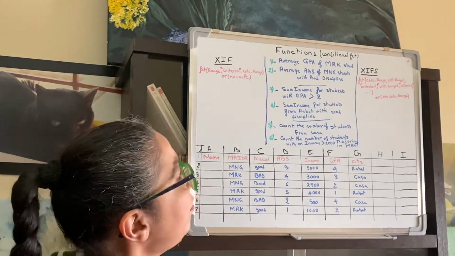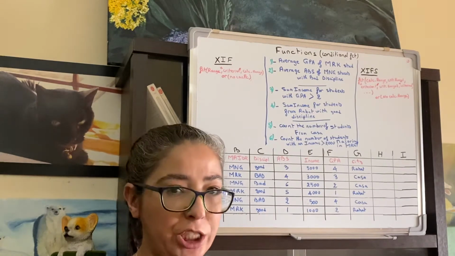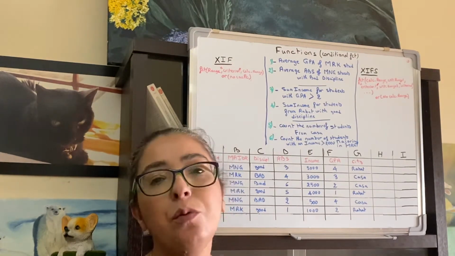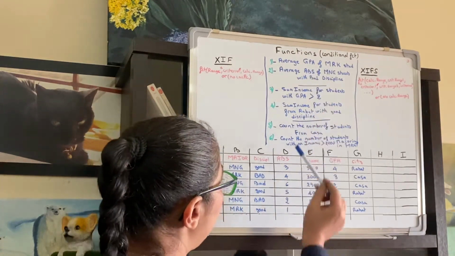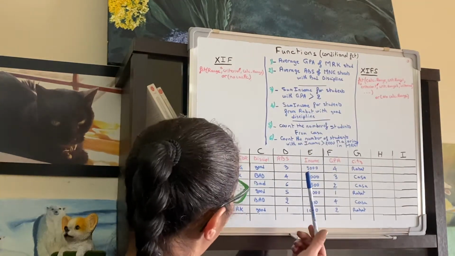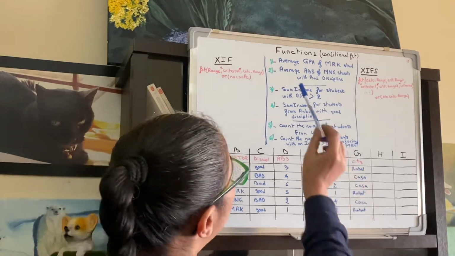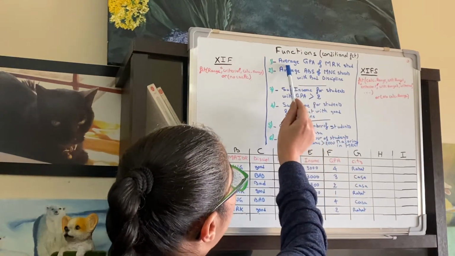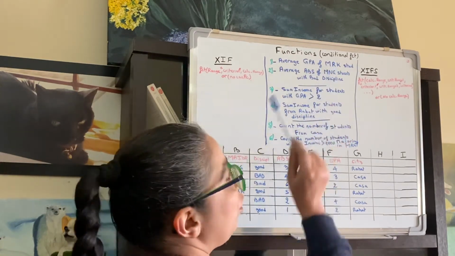Okay? So imagine you want to calculate the average GPA. If you put the function average, it's going to calculate the average for everybody. Where is the GPA? Here it is. But in my case here, I want to calculate the average GPA, but only for marketing students.